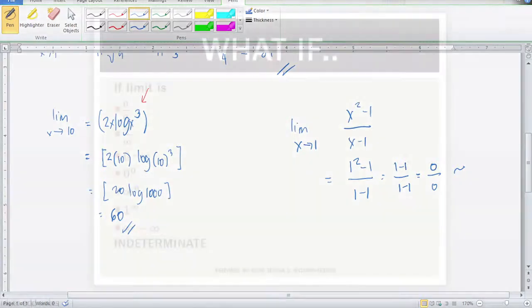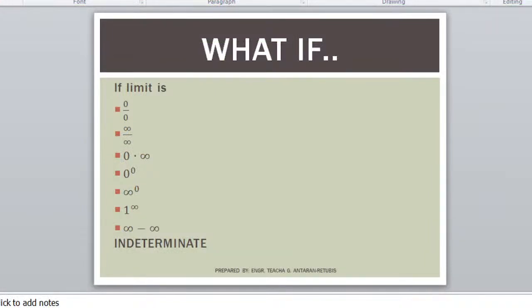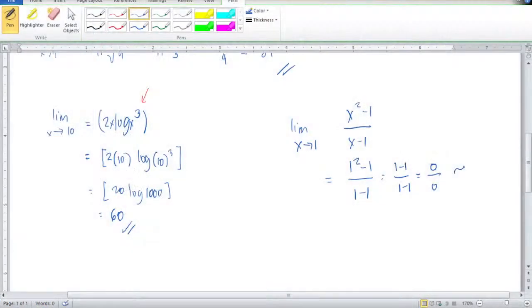Now let's go back here. If the limit is 0 over 0, we have said that it is indeterminate. So therefore, para malaman natin yung limit, what we will do? Let us try factoring. Ano yung ifa-factor natin, class?